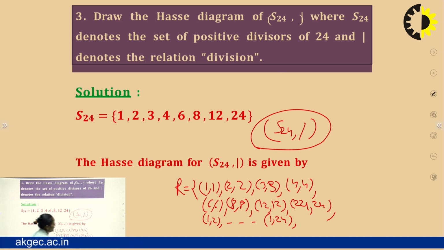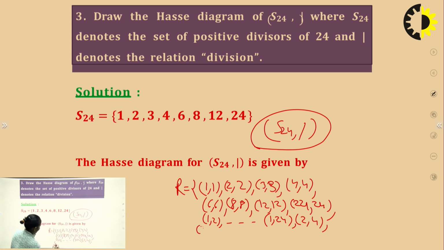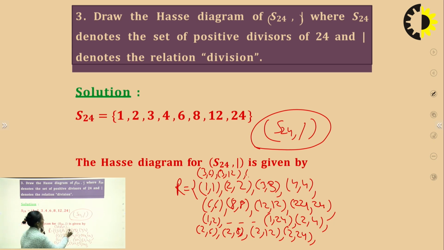2, 4, yes, we can take 2, 4; 2, 6; 2, 8; 2, 12 and 2, 24. Next 3: can we take 3, 4? No. 3, 6, yes. 3, 8, no. 3, 12, yes, because 3 can divide 12. 3, 24, yes, we can take 3, 24.